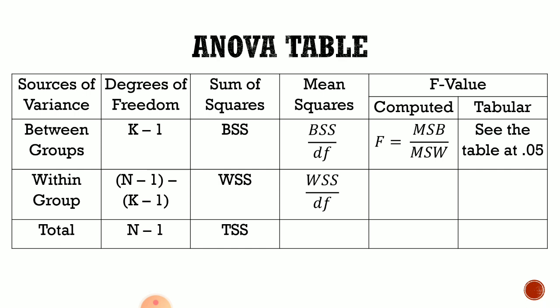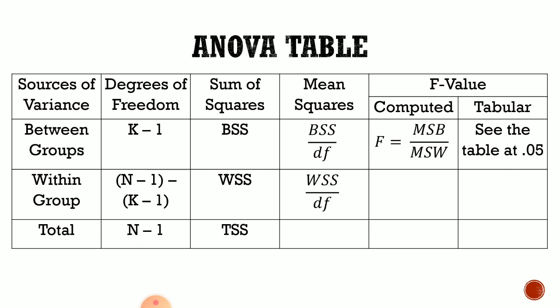Then, for the within groups, the degrees of freedom is the quantity n minus 1 minus the quantity k minus 1, where n is the total sample size and k is the number of groups. The sum of squares is the within sum of squares.